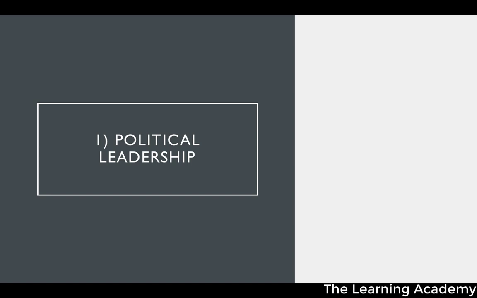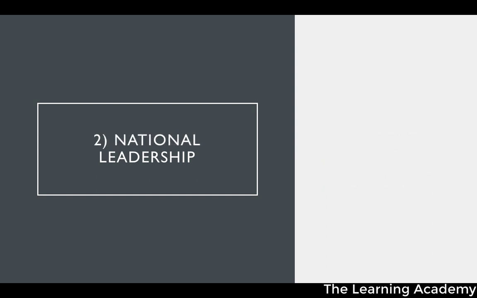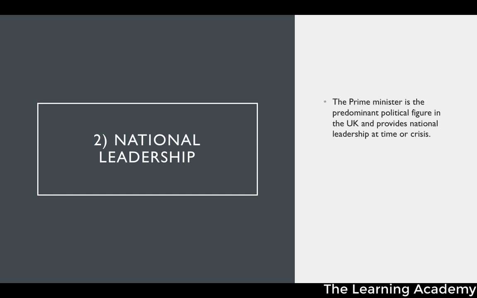So the first role is political leadership. The Prime Minister decides the political direction taken by the government. Okay, they set out the government's priorities and a broad strategy. And they also determine policy. The second is national leadership. So the Prime Minister is the predominant figure in UK politics, okay, and provides national leadership at times of crisis.